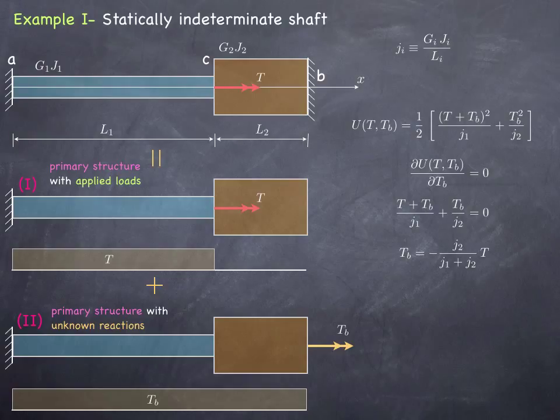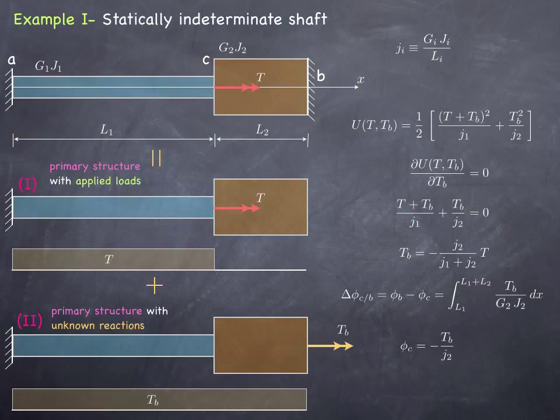Now that I know TB, I know all the internal torques across the entire length of the rod. If I wanted to, for example, determine the relative twist between points B and C, I then have to integrate delta phi from C to B. In other words, I would have to integrate the torque diagram from x equals L1 to L1 plus L2.